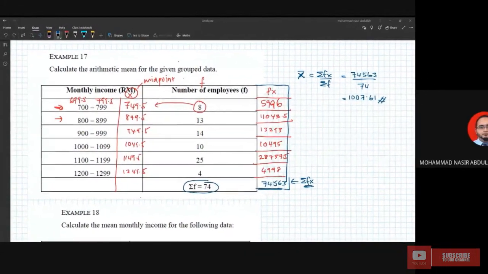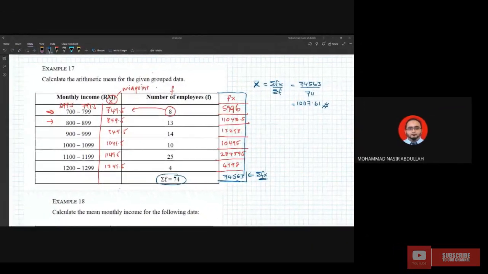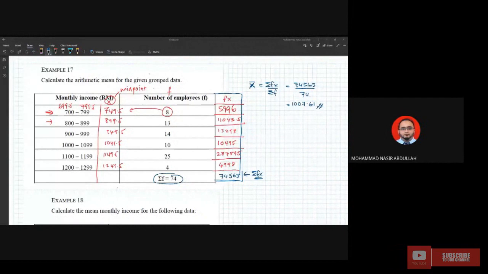Can you see my calculator? Wait. Alright, can you see now? You look for the account Muhammad Nasir, the one I'm talking about. Right? Okay, I'll show my calculator, right?